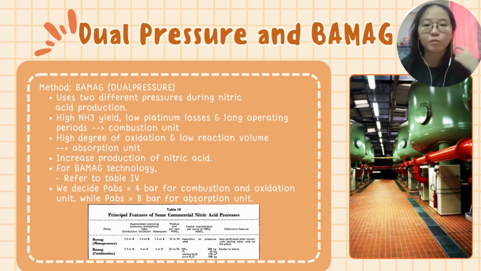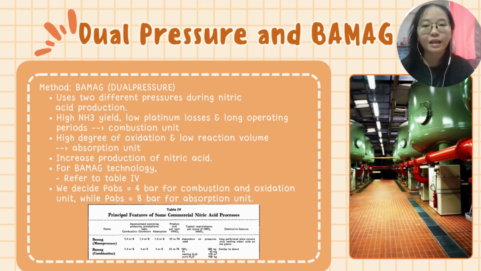It uses medium pressure for the compressed air used in ammonia combustion, then compresses to high pressure to optimize the absorption of nitrogen dioxide. Such dual pressure plants are characterized by a high ammonia yield, low platinum losses, and long operating periods of the combustion unit on the one hand, and by a high degree of oxidation and low reaction volume in the absorption unit on the other hand.